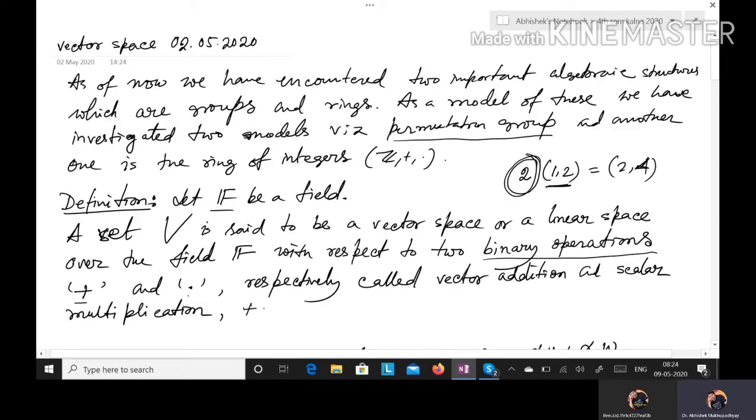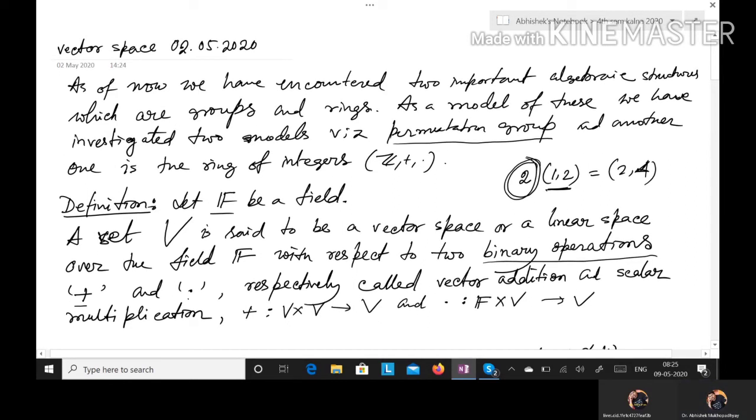Plus is a map from V cross V to V, and scalar multiplication dot is a map from the field F cross V to V.